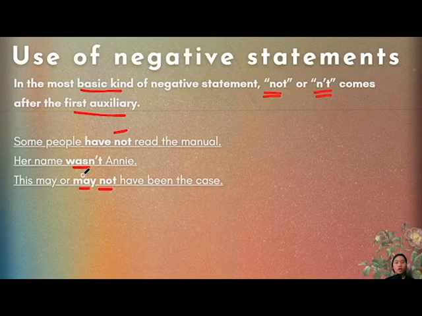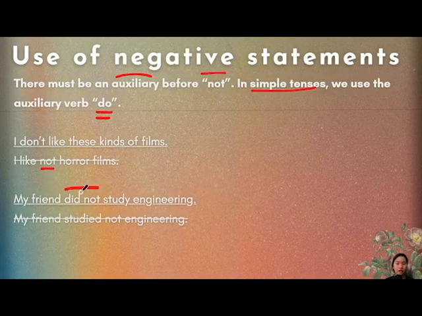This may or may not have been the case. If you convert these back into statements and remove the negative part: some people have read the manual. Her name was Annie. This may or may not have been the case stays because it has may and may not, both positive and negative.